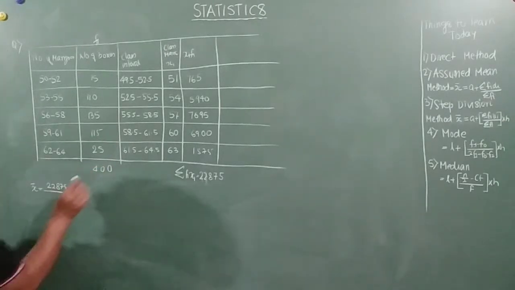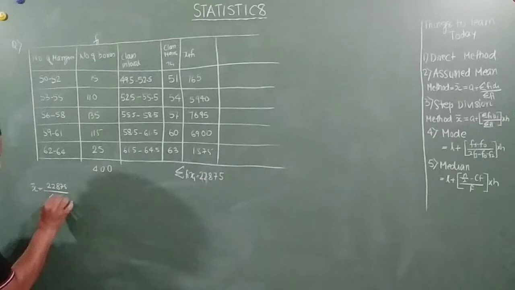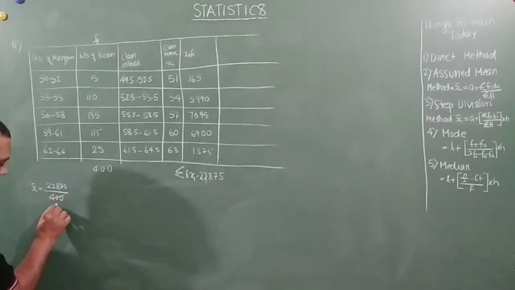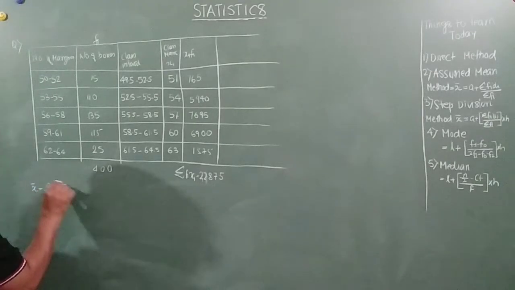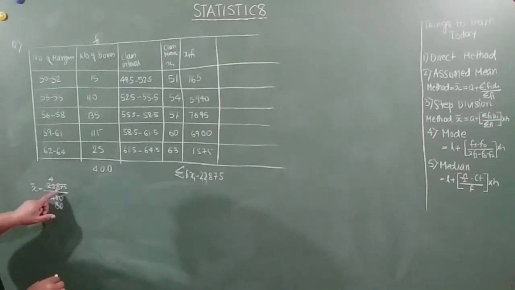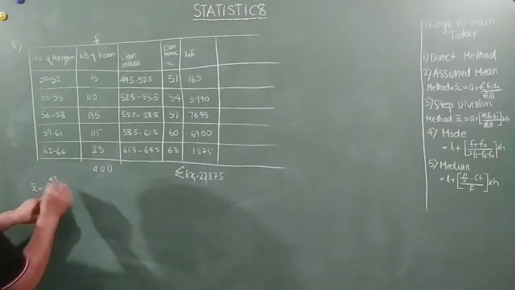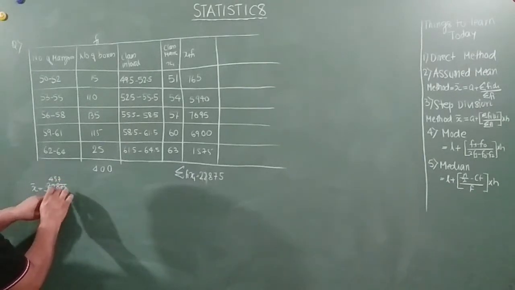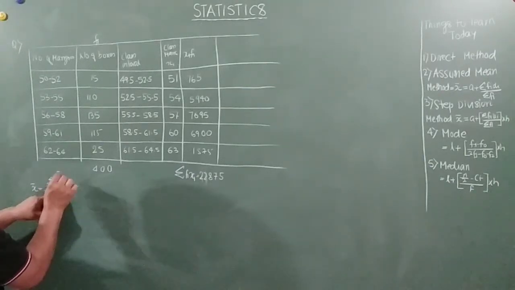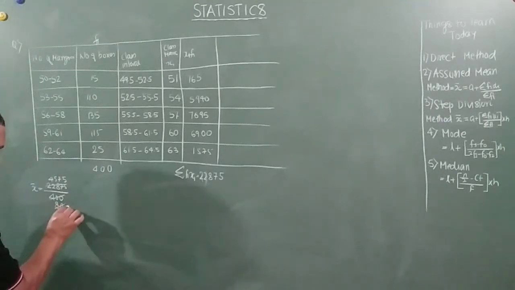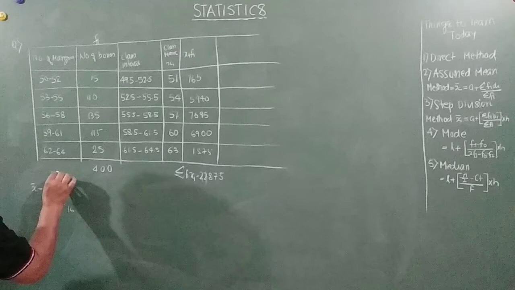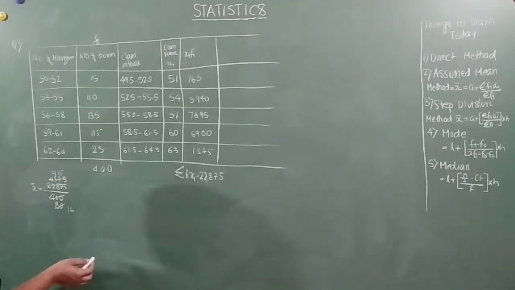So 22875 divided by 400. Definitely we will be able to cancel with 5. Okay, I think one more. 915 by 16.